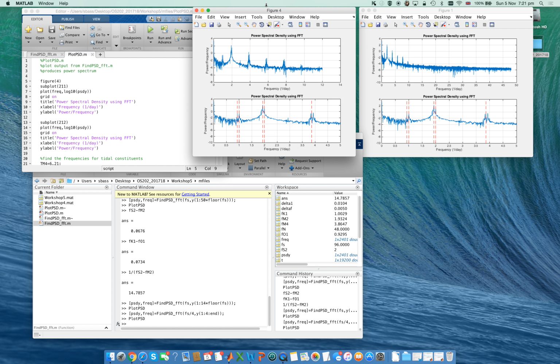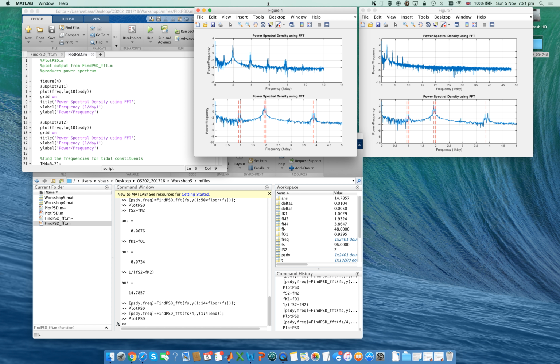So if we compare this with our original time series, which is in figure 1, now what you'll see here is that the x-axis in subplot 1 goes from 0 to 14 times per day. So what we're actually looking at is a small section of the spectrum that we see in figure 1 of our original spectrum.